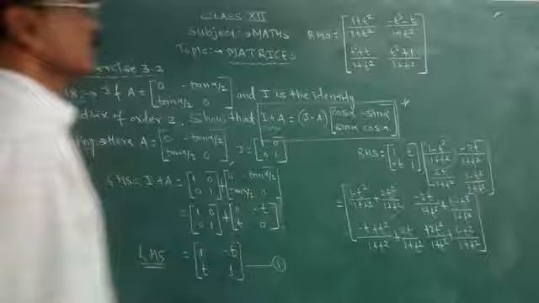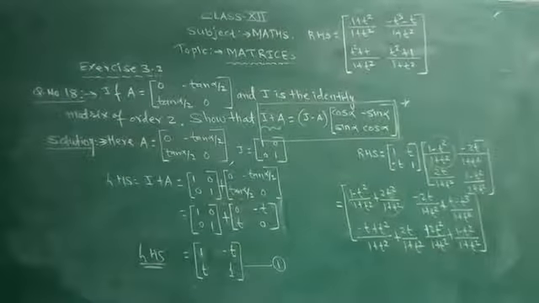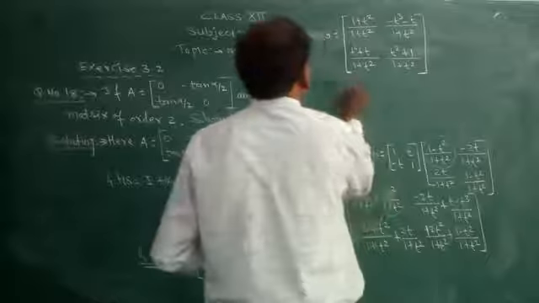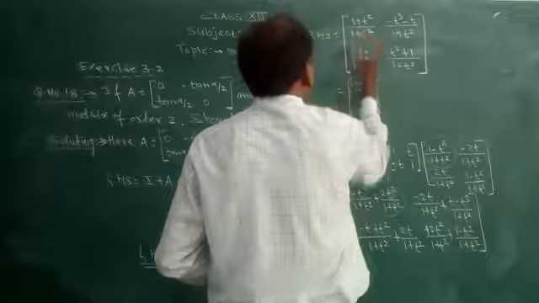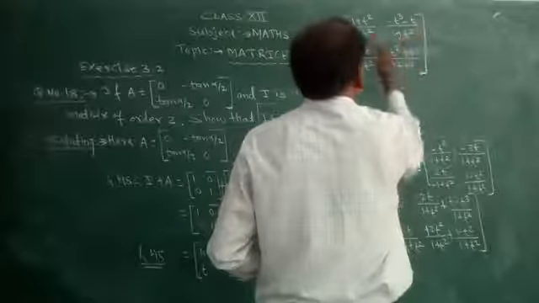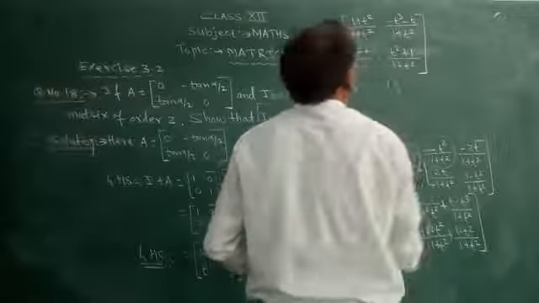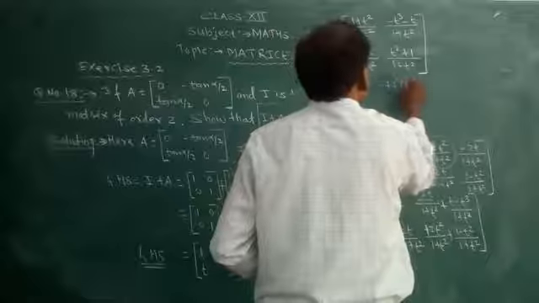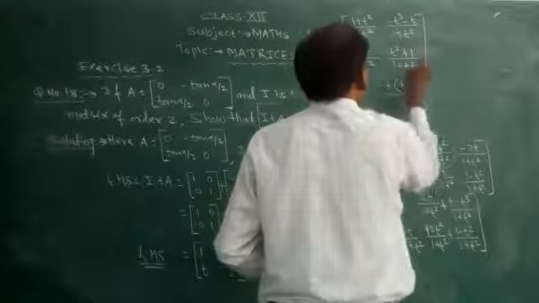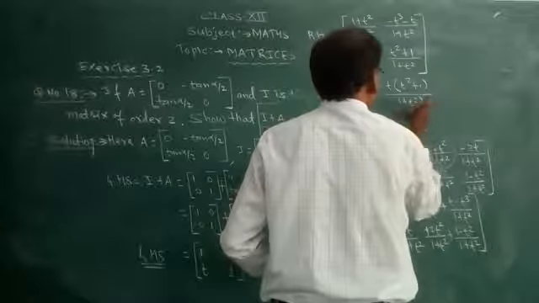Now here it gives me equals to this is 1 plus t square upon 1 plus t square, which is 1. You can take minus t as common, so it will be t square plus 1 upon 1 plus t square.